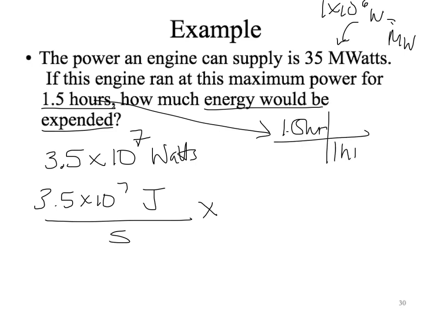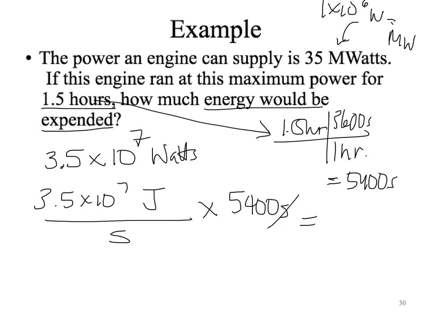Well, 1 hour is 3,600 seconds, so we are looking at 5,400 seconds here. So I'm going to multiply by 5,400 seconds. The seconds cancel. I am left with 1.9 times 10 to the 11th joules of work or energy.